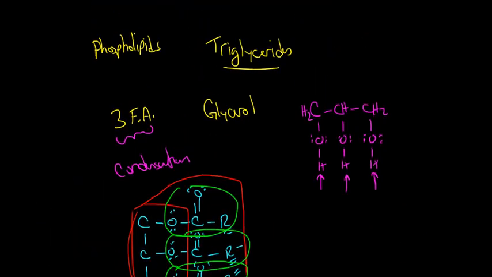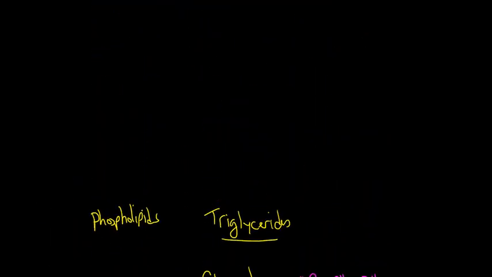If, for example, you were asked to draw a triglyceride made of 3 16-0 fatty acids, then you should be able to do that. You draw your glycerol backbone. We know that we have 3 alcohols hanging out, and our fatty acids are 16-0, so they're all saturated.